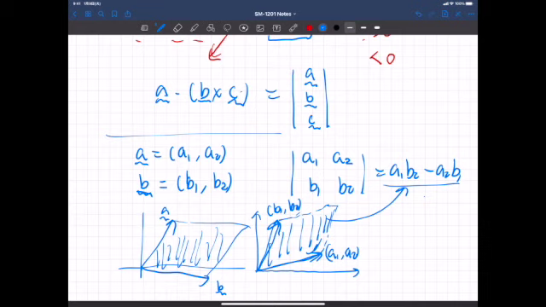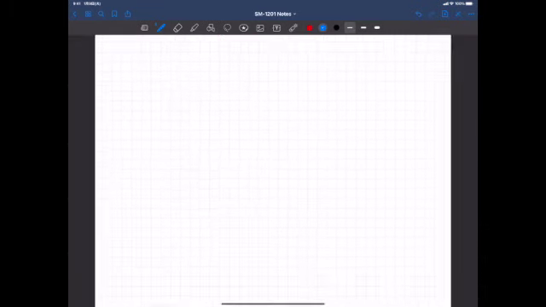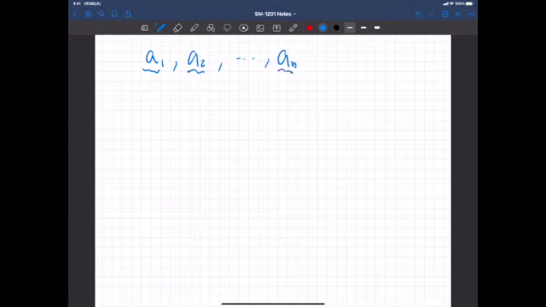And similarly, for any dimensions, suppose n-dimensional, let's say A1, A2, up to AN, they are vectors in n-dimensional vector space.